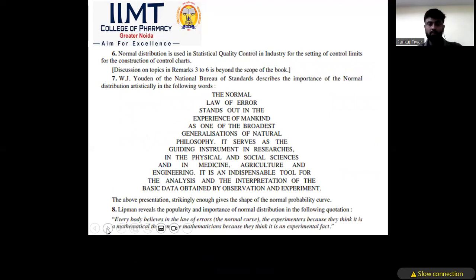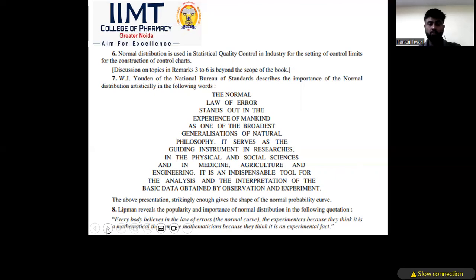The normal distribution is used in statistical quality control in industry for setting the control limits and constructing control charts. W. Jan Jordan of the International Bureau of Standards described the importance of the normal distribution in the following words.